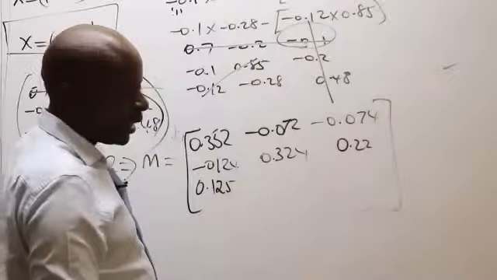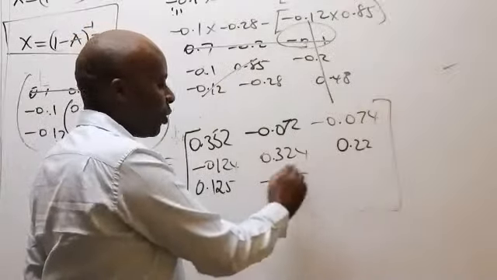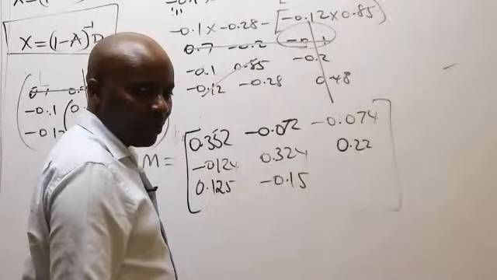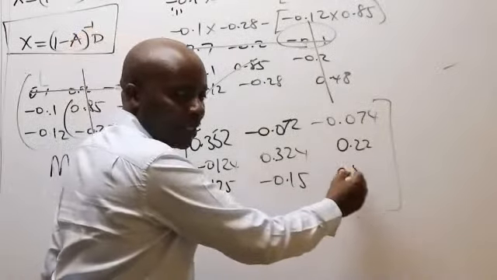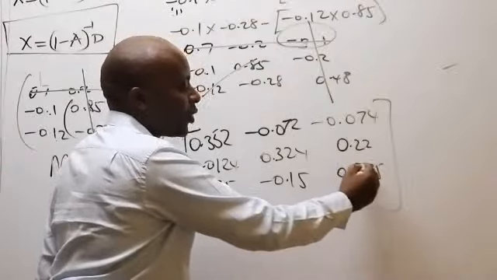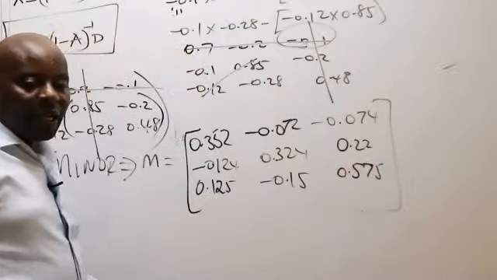Then we have negative 0.15, and then we have 0.5, 0.575. Those are the minor elements.